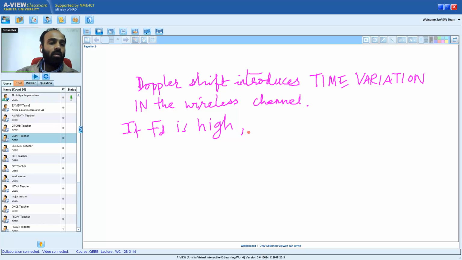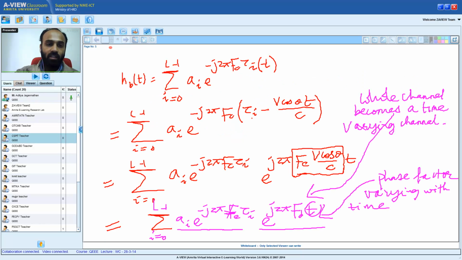If the Doppler shift is high, what about the rate of variation? Is the variation high or low? If the Doppler shift is high, the rate of variation is high. The variation is changing faster and faster.